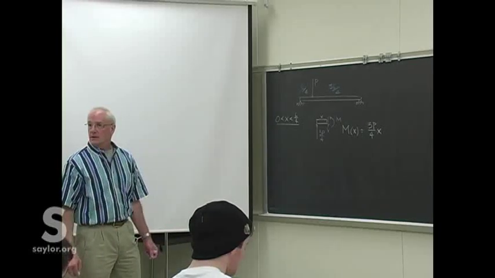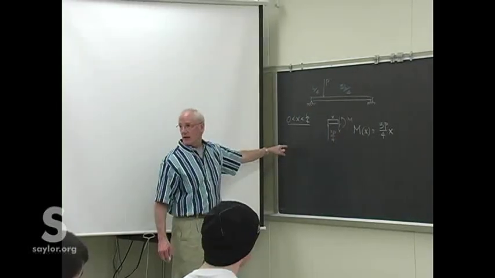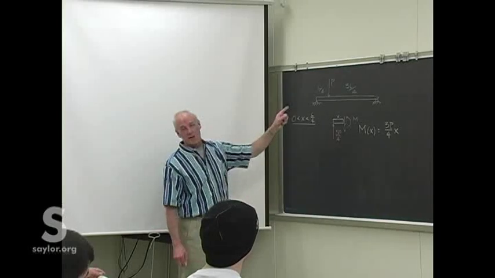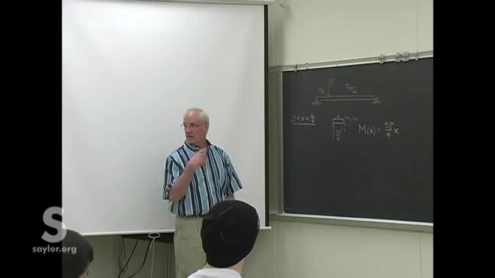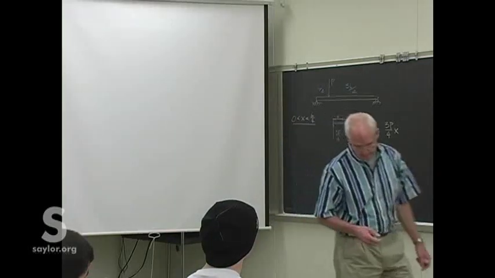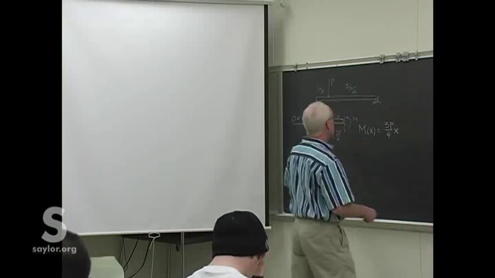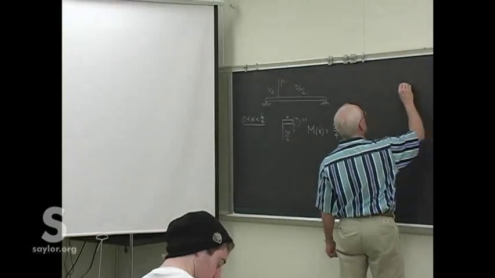So, you guys, at least for this part of the beam, figure out what the deflection curve is. And then we've got to redo it for the right side of the beam, and then we've got to figure out how to tie them together. So, you guys do that. I'll just set up the rest of the beam.